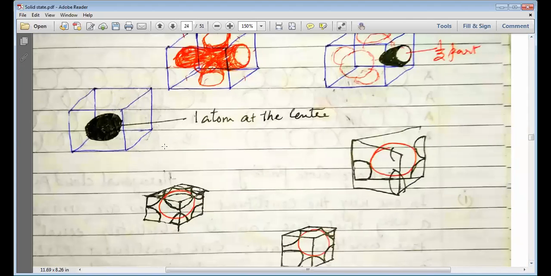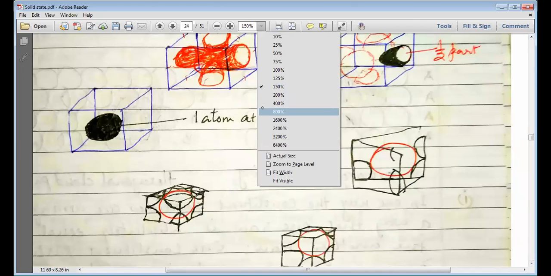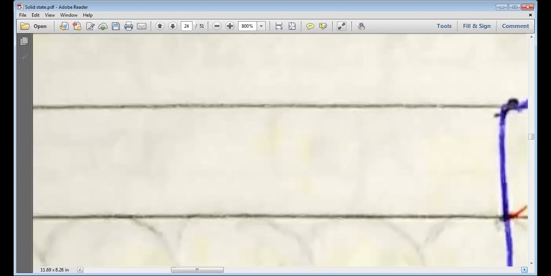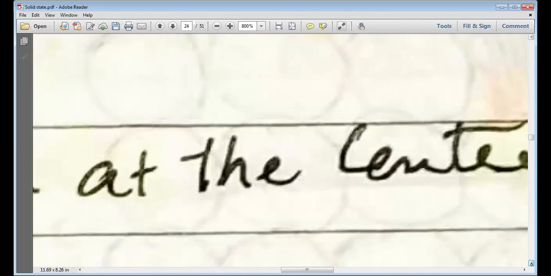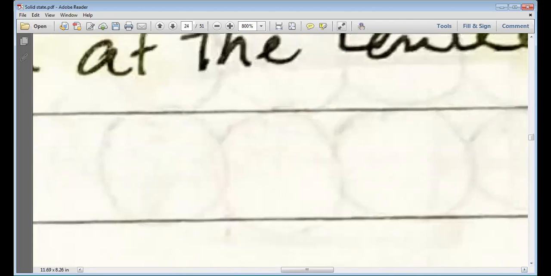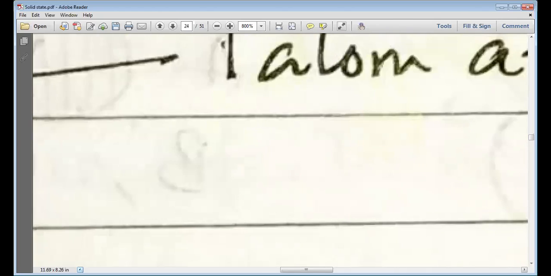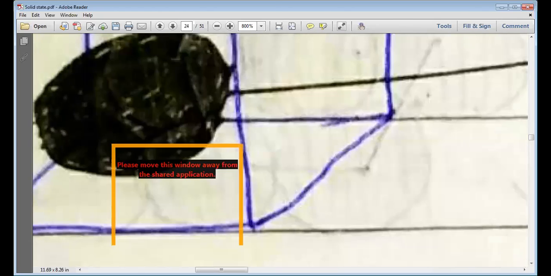You can see that this is the body-centered unit cell, my dear students. So this is the unit cell which is known as the body-centered unit cell.